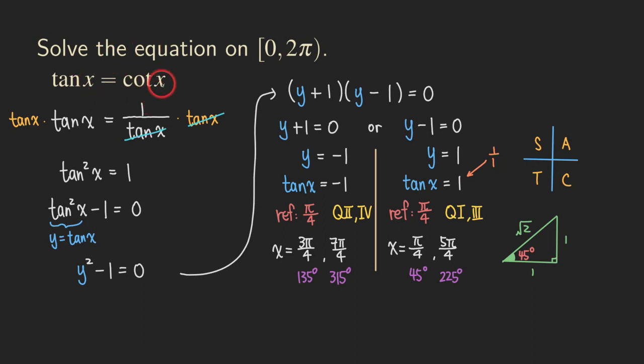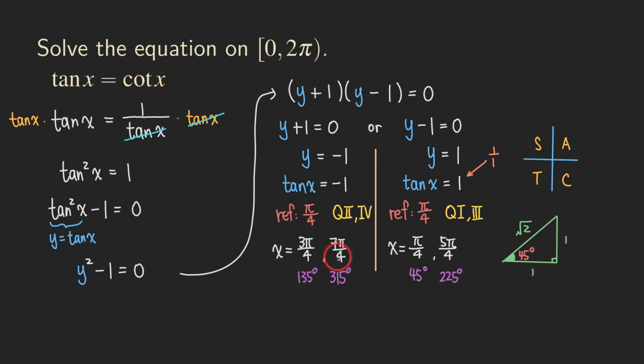If tangent is positive, cotangent is also positive. In this case, if they're equal, that means you are going to have all 4 cases to be considered, because if tangent is negative, for example, then cotangent will also be negative. So then if you plug in the 3 pi over 4 into the equation, then you're getting 1 on both sides of the equation, so they're equal.